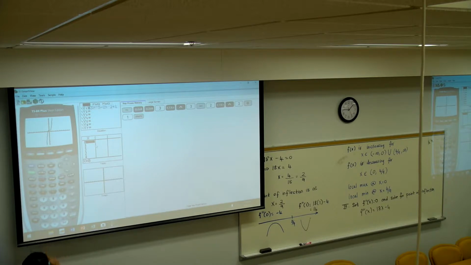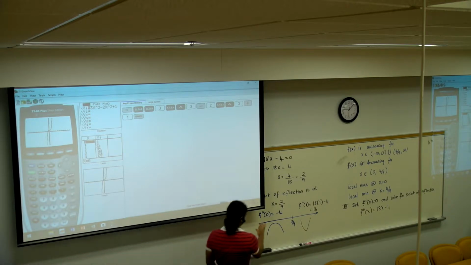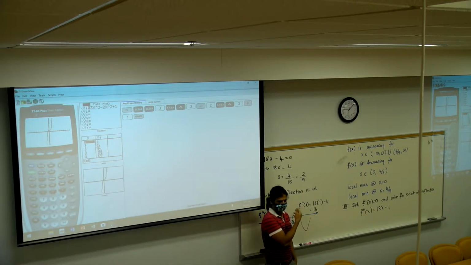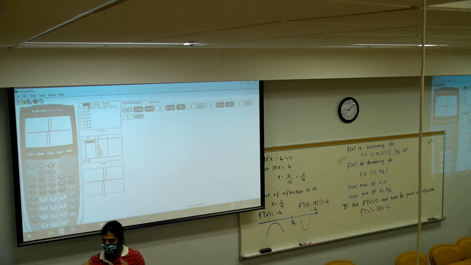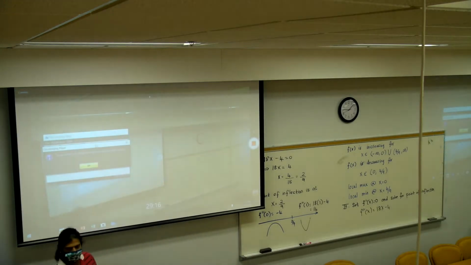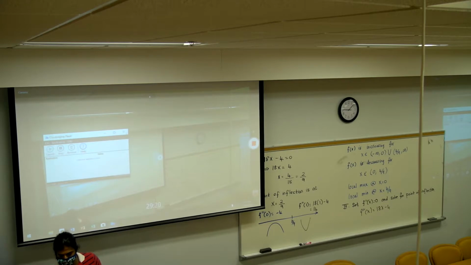So you look at that and you say, well, that picture doesn't look like any of the conclusions that we had, right? So either that is wrong, or that is wrong, or you're not seeing something properly. What do you think the issue here is? Not seeing something properly.